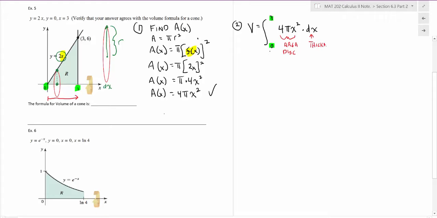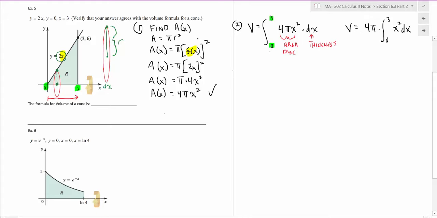So by doing this integral, you're really working with a volume of a disk where the thickness is infinitesimally small. I'm going to go one more step and write this as 4 pi, taking out the constant, times the integral from 0 to 3 of x squared dx. That's going to be a real simple integral to do then.